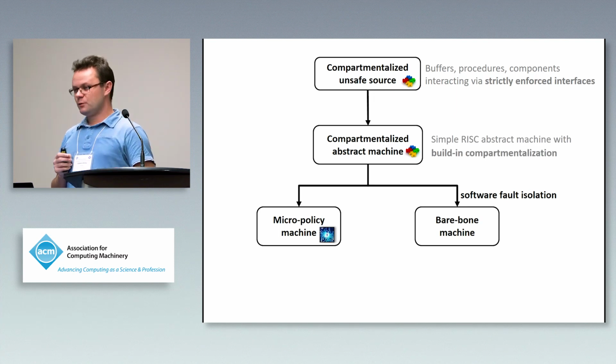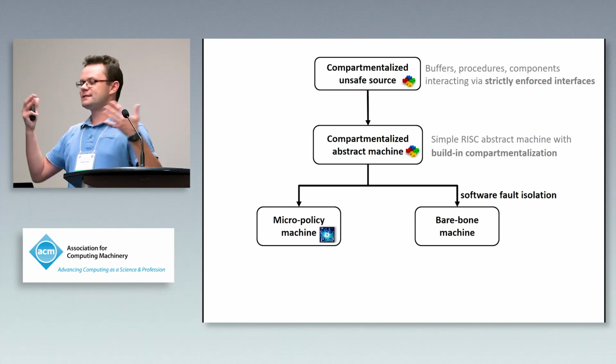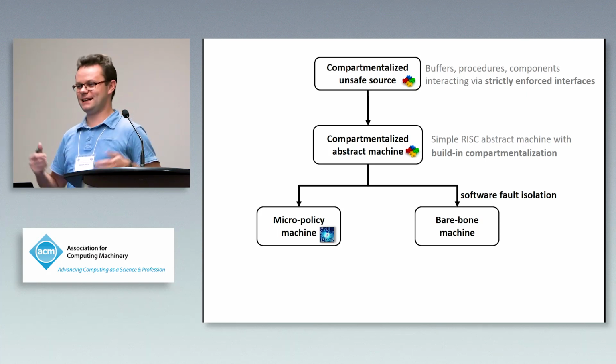Then we compile this to a RISC abstract machine that also has compartmentalization built in. So this is an abstract machine, more like an intermediate level, after which we have different backends at this moment, two, in which you can choose how exactly you are going to enforce compartmentalization.